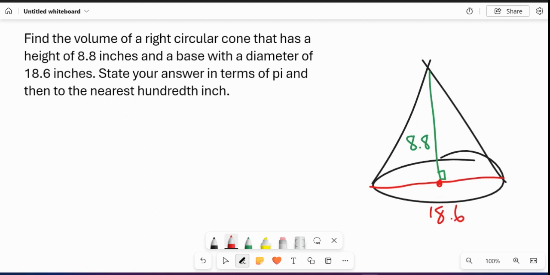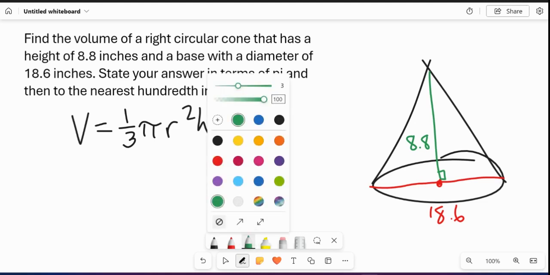Now, again, we have to figure out the radius. The diameter of this is 18.6, but our formula is 1/3 pi r squared h. That means I have to find the radius first. So we have to cut the diameter in half. Since the diameter goes from edge to edge, we need to find the distance from the center to the edge.